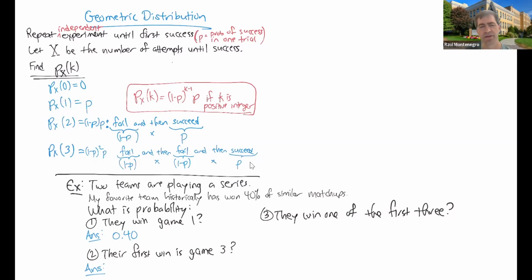So I could write down the formula from this question, but then it needs to be explained why that's correct. So according to the data here, they win 40% of games. And we're looking for the first success.